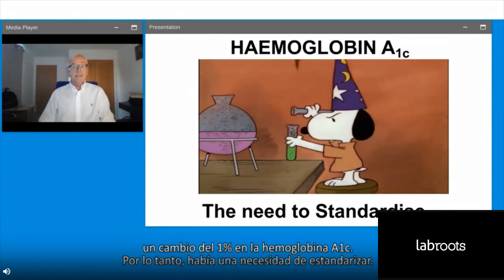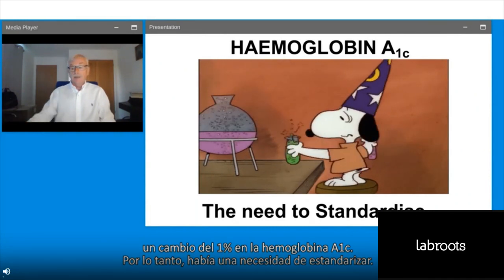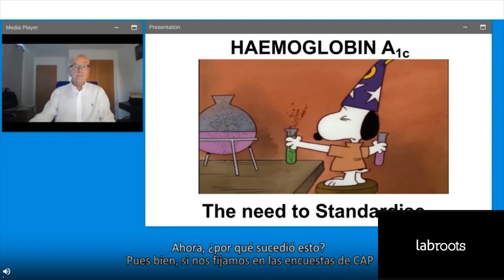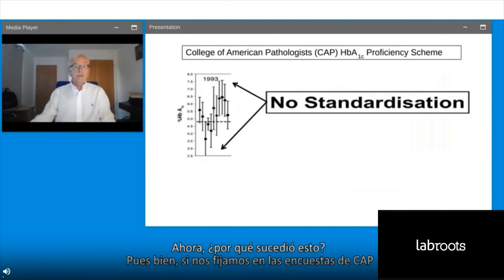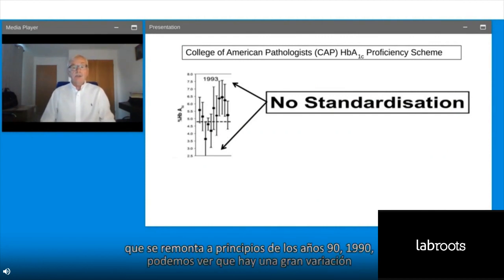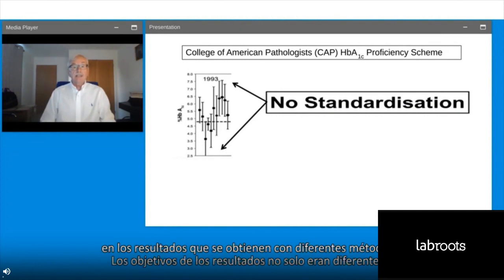So there was a need to standardize. And why was this? Well, if we look at the CAP surveys going back to the early 1990s, we can see that there's a huge variation in the results being obtained with different methods.